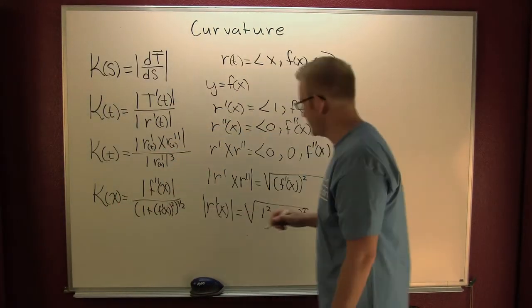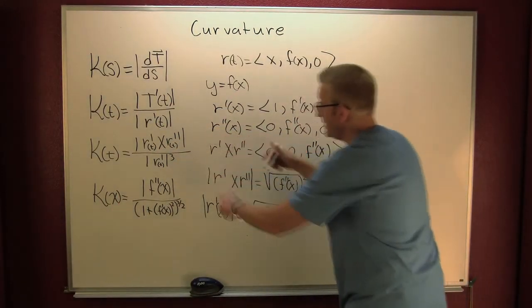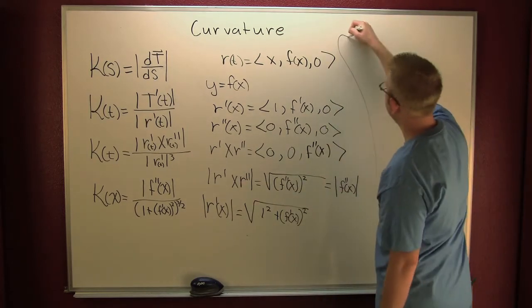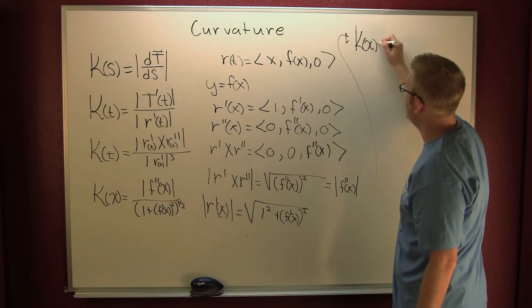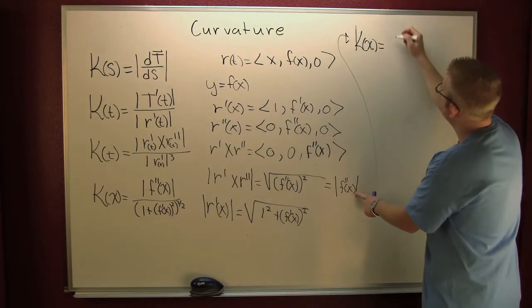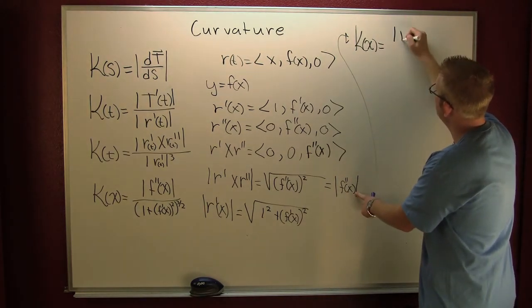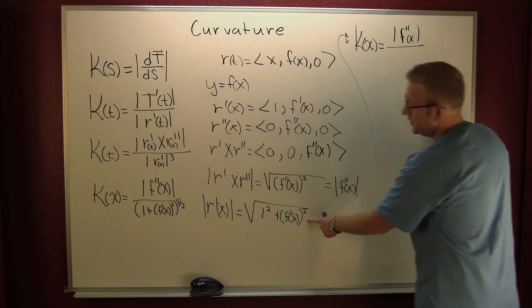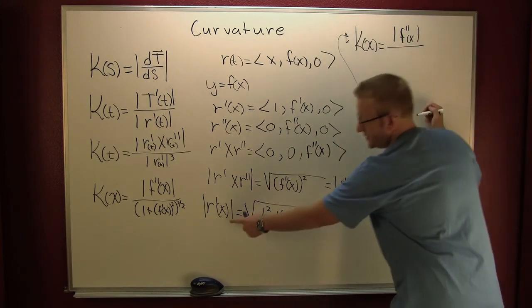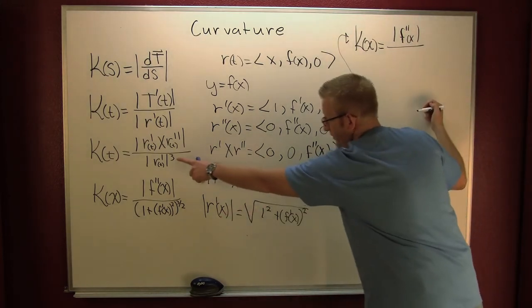And then plugging it into this form, we're going to find that our curvature in the plane is the magnitude of the second derivative over the magnitude of the first derivative cubed.